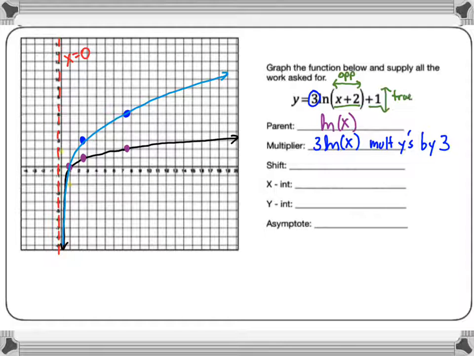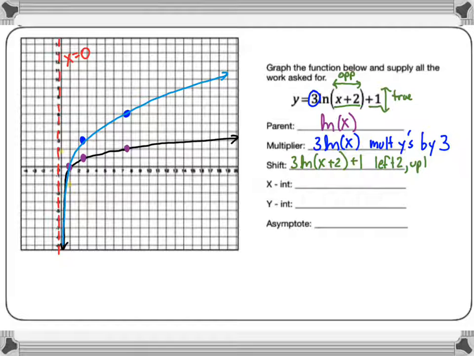We don't do the opposite at all. So our final build of the function is going to be this guy when we put everything together, and we know that we're going to be going opposite of a positive 2, so we're going to be going left 2 and then up 1.